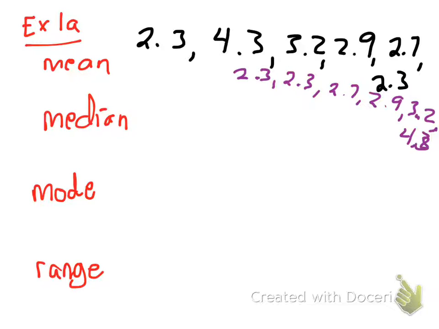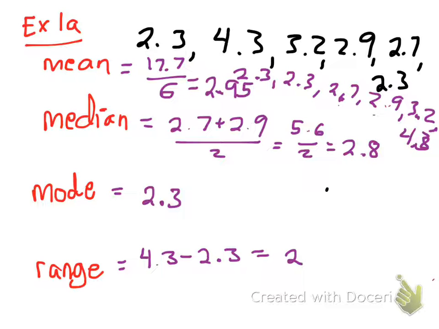So now I have them in order from least to greatest. For the mean, you're going to sum all those numbers and then divide by the number of numbers. Alright, so check your answers against the ones on the screen. Pause if you need to, and feel free to ask your teacher a question. Otherwise, I'm going to move on to another example.